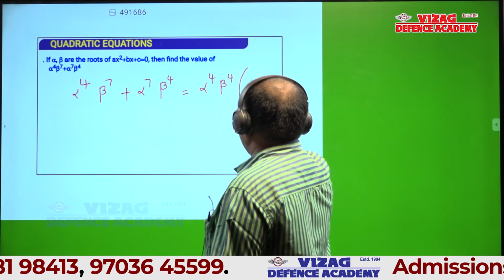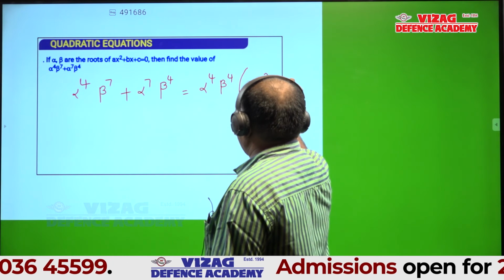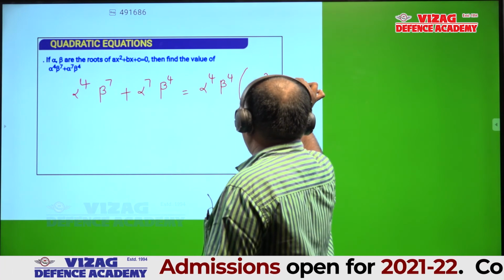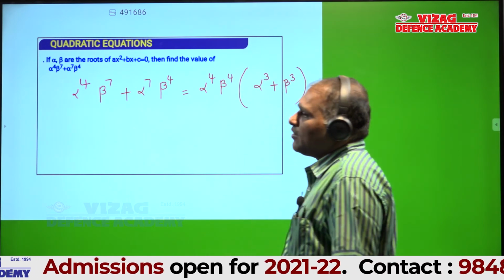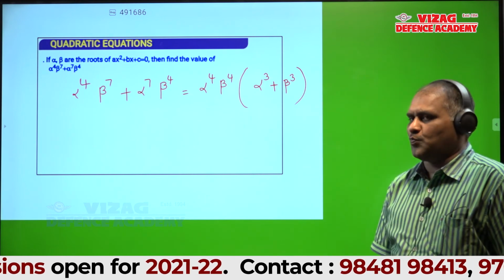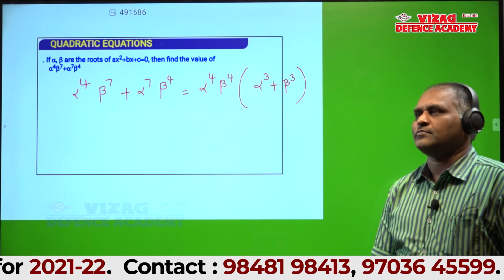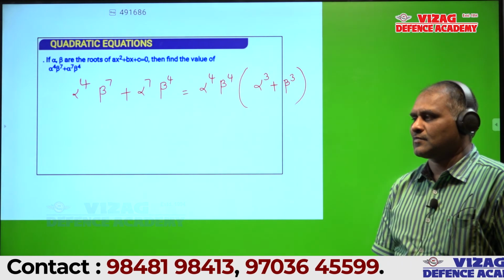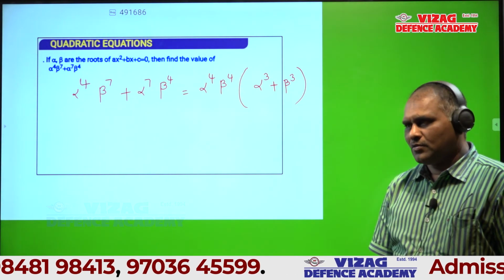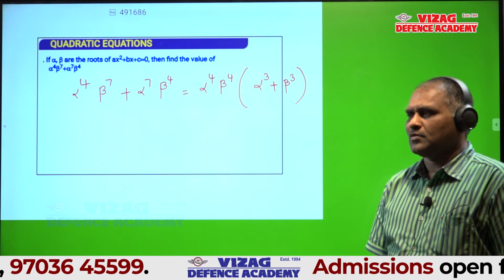What do you get? Alpha beta whole power 4 into alpha cube plus beta cube. How to find alpha cube plus beta cube? Alpha plus beta whole cube minus 3 alpha beta into alpha plus beta.